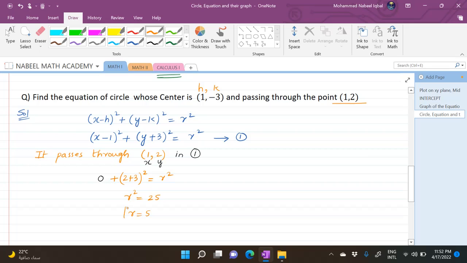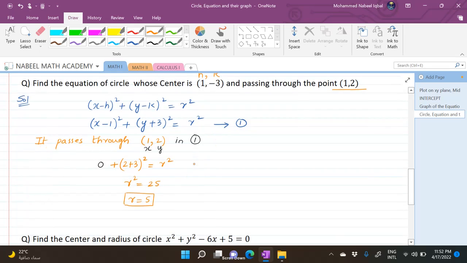So for the radius, I need the value 5. I just replace it in equation number 1. So equation number 1 gives x minus 1 whole square plus y plus 3 whole square equal r square, and r square is 25.